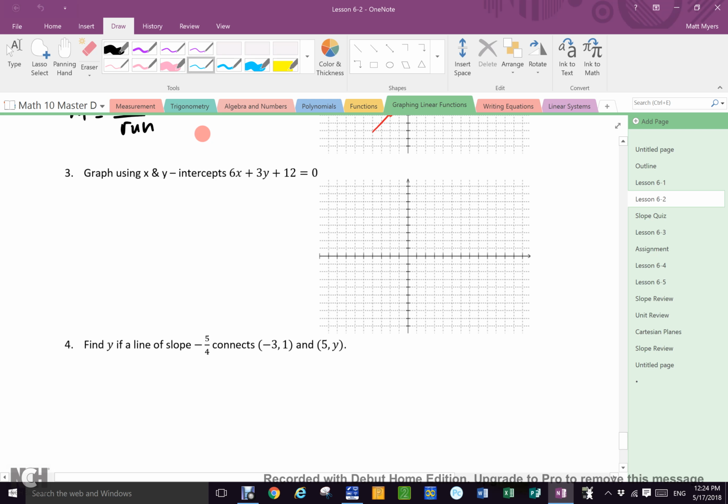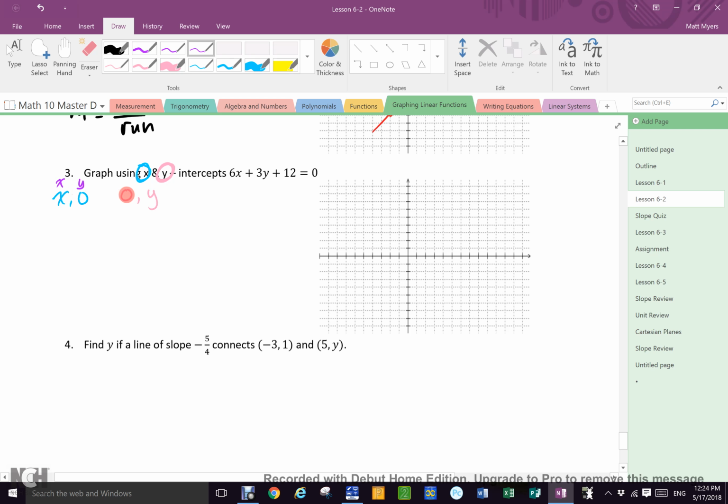What is every single x-intercept? X, 0. Oh, I did it right. What is every single y-intercept? 0, y.